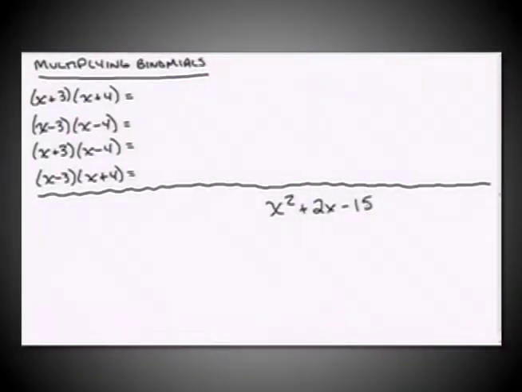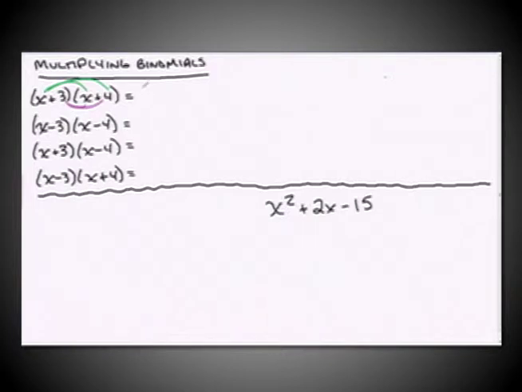Before we actually get to the example x squared plus 2x minus 15, I want to take a moment to remind you of what these binomials look like when you multiply them together, just so you can see where each part of the factored form is coming from. So we'll just quickly multiply these binomials by distributing each term in the first binomial to each term in the second.